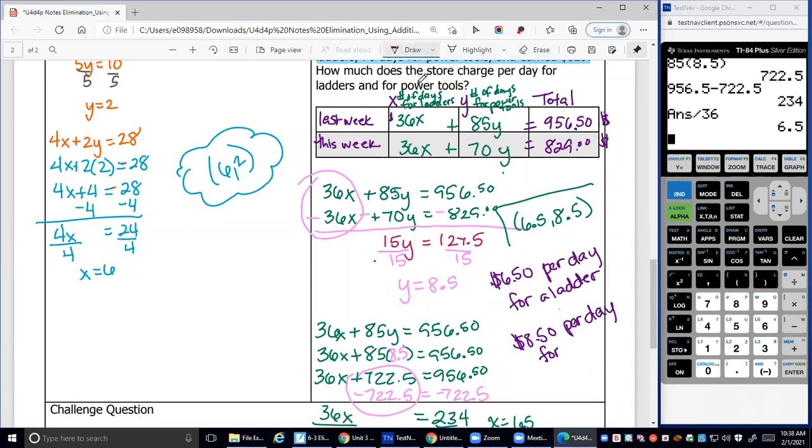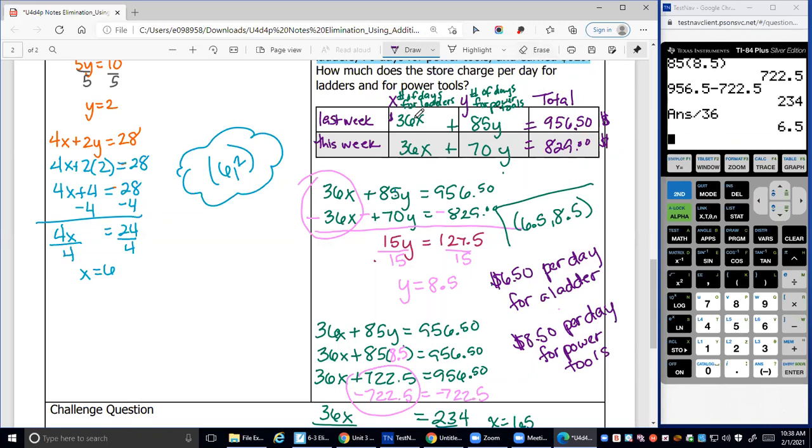But does anybody see the mistake that I made? What does X actually symbolize? What is X? It's not the number of days.